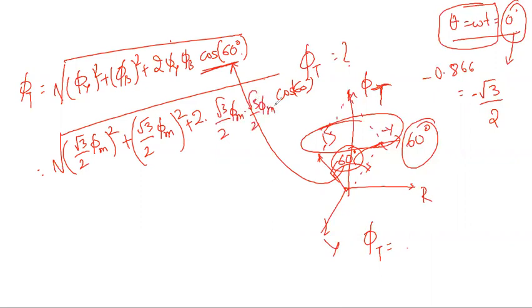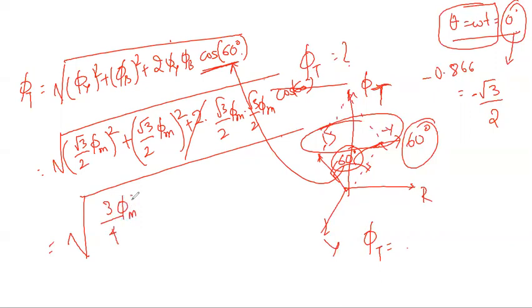So cos 60 and 2 get cancelled out, and you will have 3 by 4 phi m squared plus 3 by 4 phi m squared.